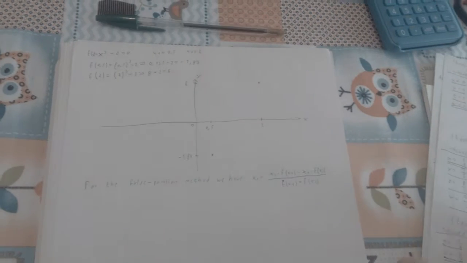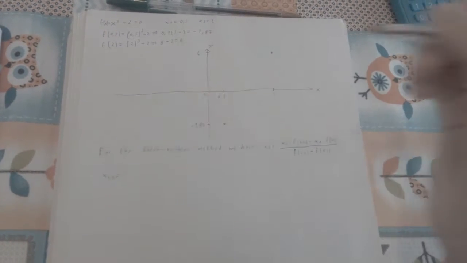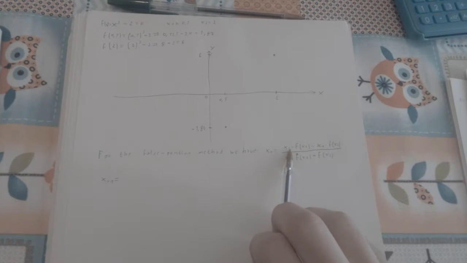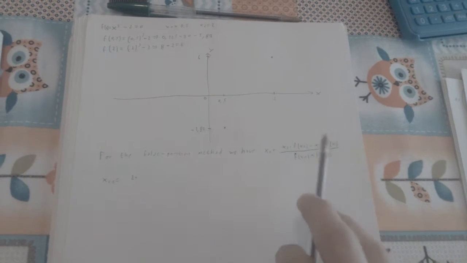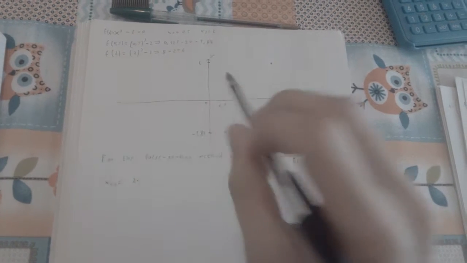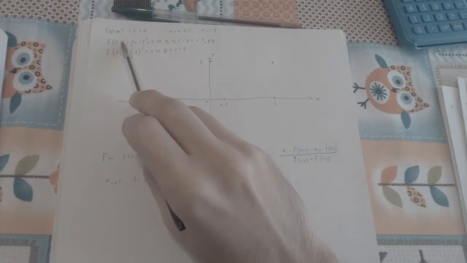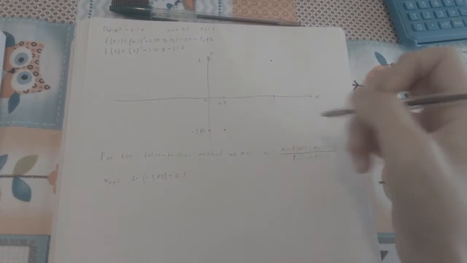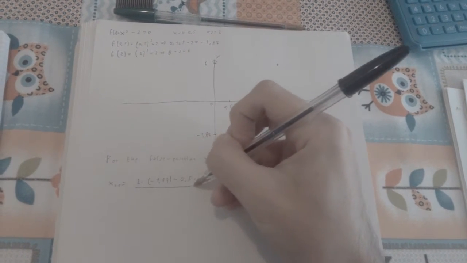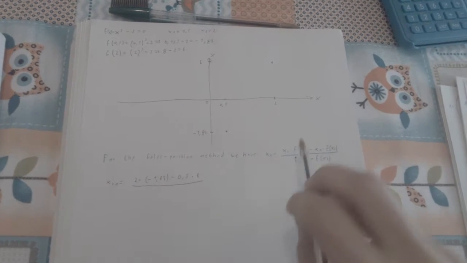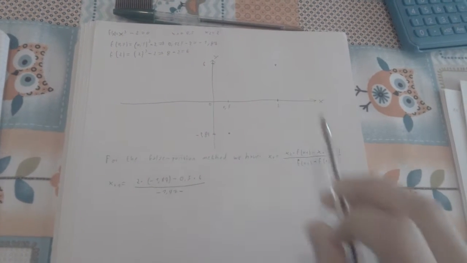So basically, what this formula says is that xr1 is going to be x2, so 2, times f of x1, the value in x1, so negative 1.87, minus x1, so 0.5, times f of x2, so 6, everything over f of x1, negative 1.87, minus f of x2, so 6.